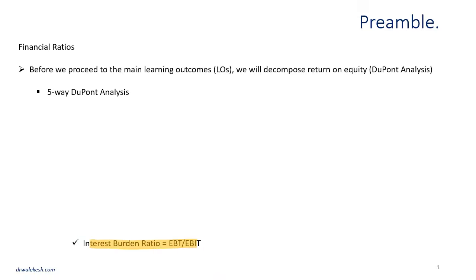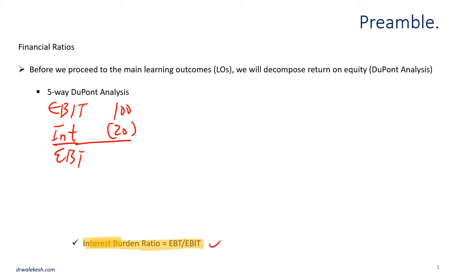Some candidates struggle to remember this. To recall this formula, let us look at this concept. Assume that EBIT is 100. Also assume that the interest expense is 20. EBIT less interest expense is EBT.